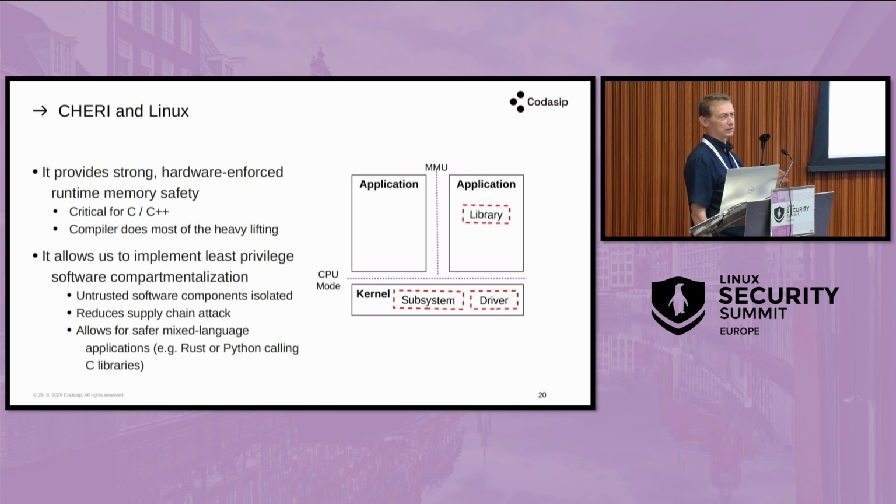Capabilities are interesting as well from a security point of view because they actually allow us to implement least privilege, unlike any other technologies really, or many other ones. And we can use this with the compartmentalization. As I mentioned, we have our coarse-grained compartmentalization at the moment. However, what would be really nice would be to put fine-grained compartmentalization into Linux.